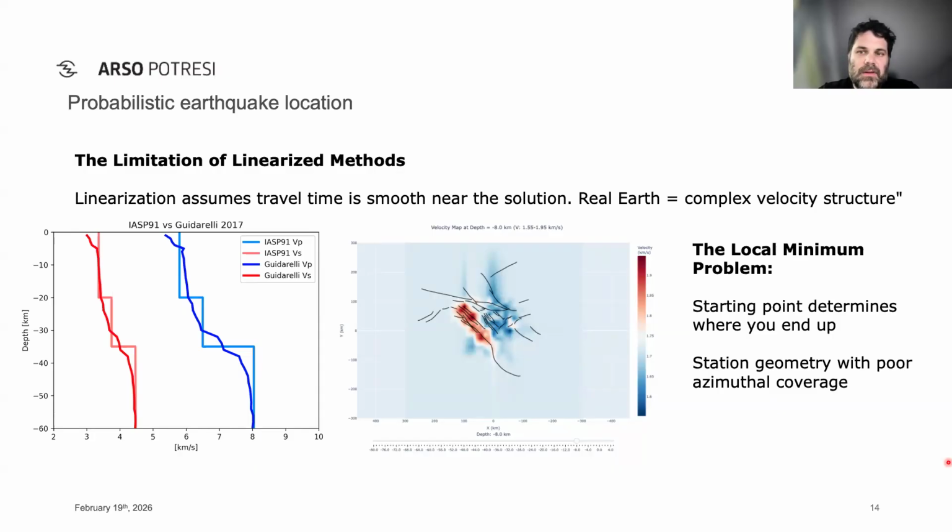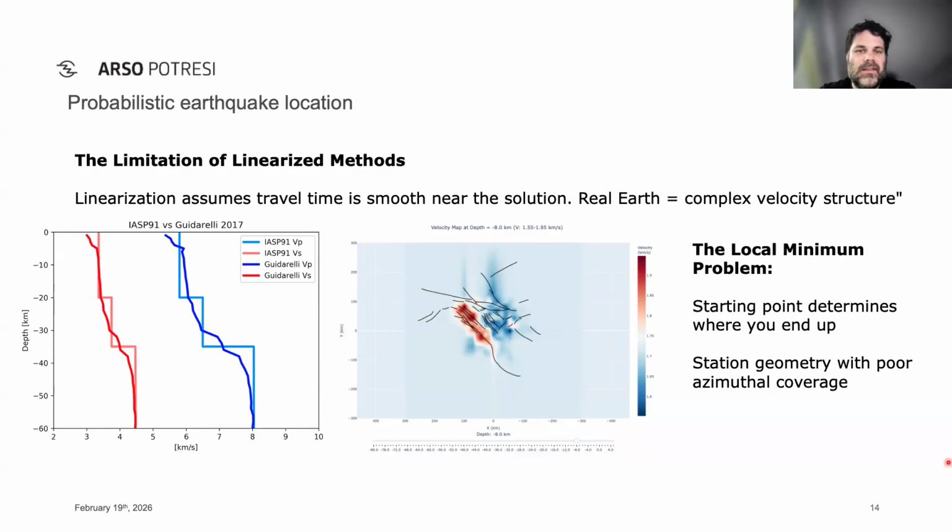A problem that we have here is that this methodology requires an initial guess. So we need to say, okay, I have all these P and S arrival times, my earthquake happened here, and then we explore the space around this initial location, and we get the real location. So if our initial guess is not good, then even the final result is not okay.